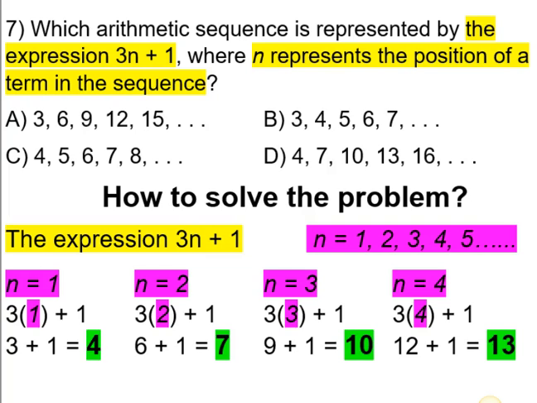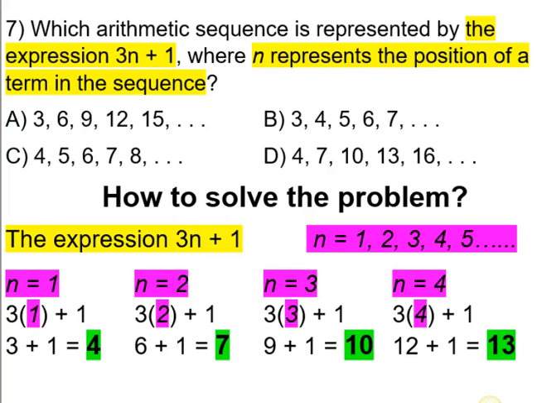For n is equal to 2, it's 3 times 2 plus 1. That is equal to 7. N is equal to 3. 3 times 3 plus 1. That is equal to 10. And also for n is equal to 4, 3 times 4 plus 1, and that is equal to 13.